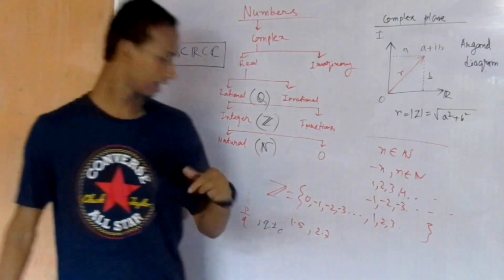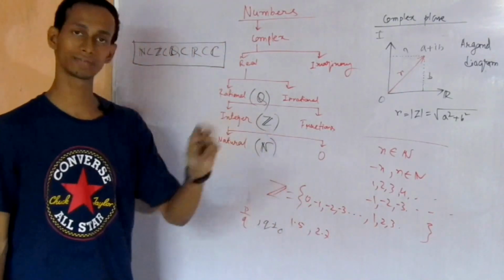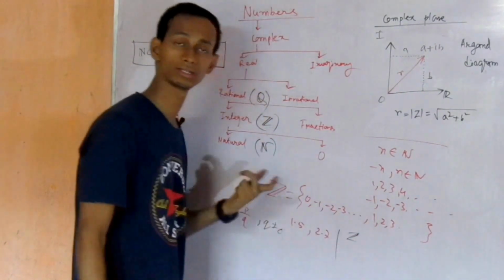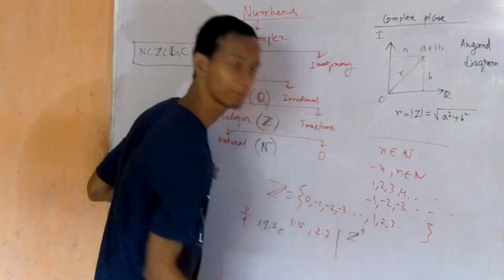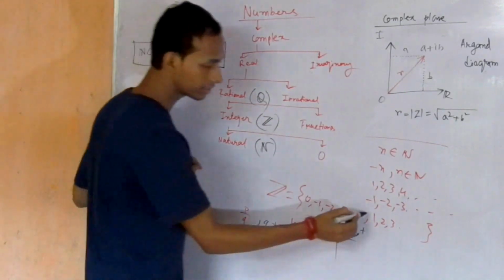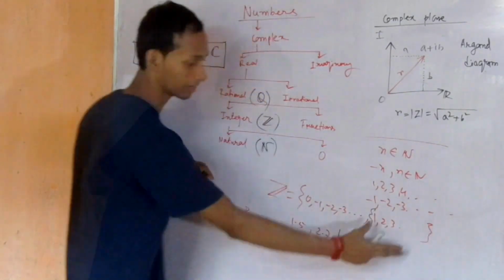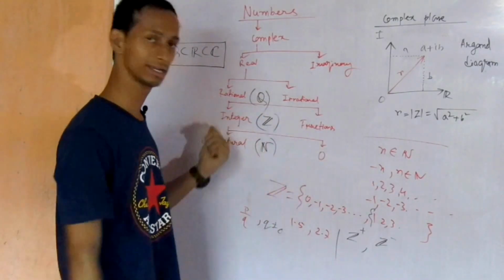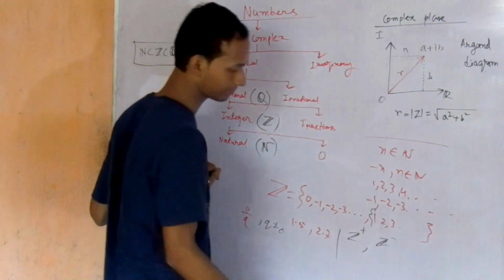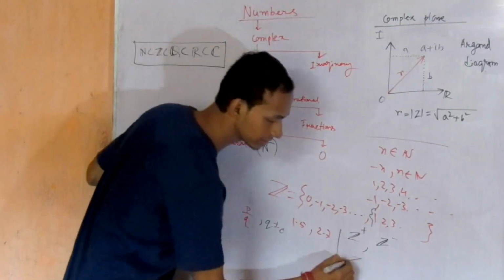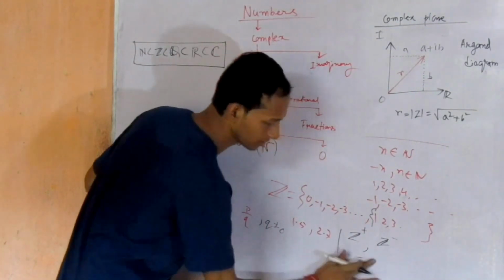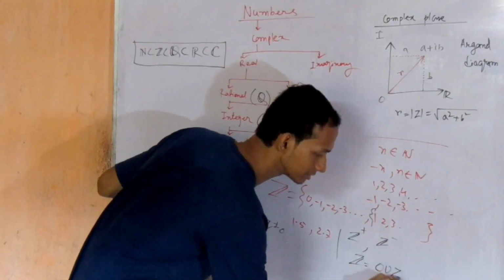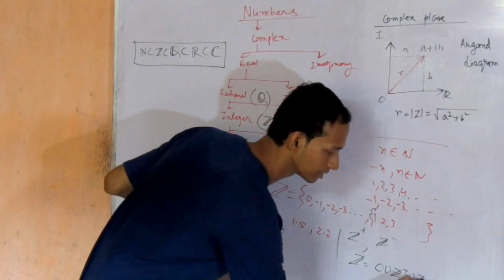Now I should mention that Z can be classified in this way. Sometimes in books you may see Z plus, which means 1, 2, 3 and so on. Z minus implies minus 1, minus 2, minus 3 and so on, negative to the infinity. And Z is actually 0 union Z plus union Z minus.